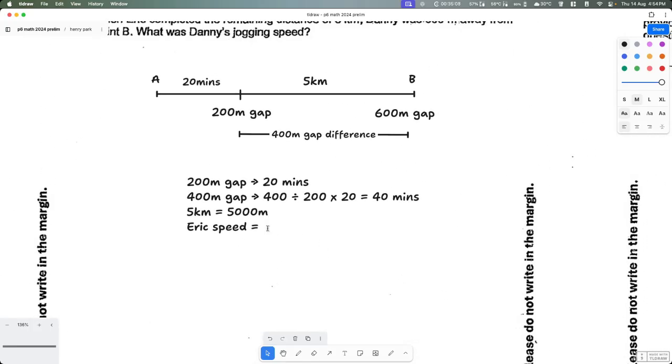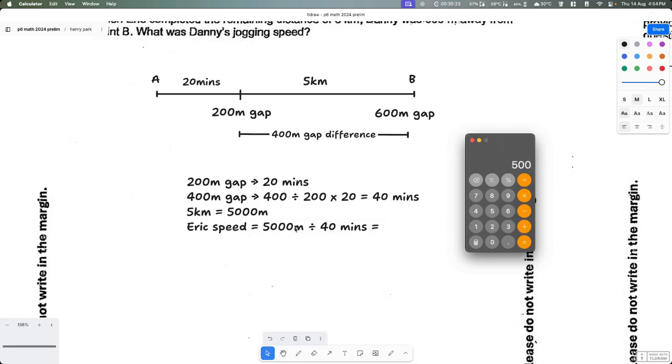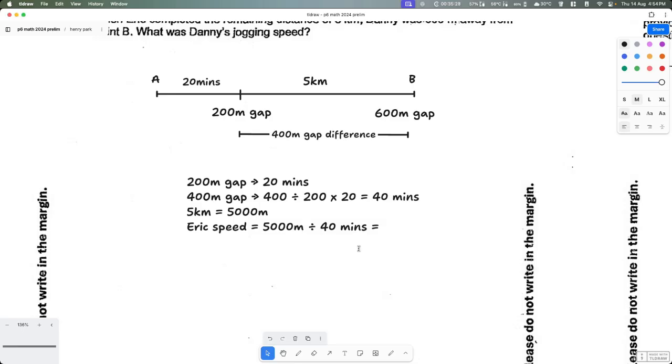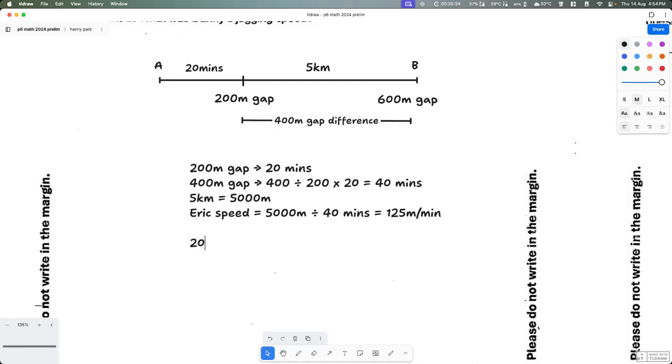So Eric's speed is 5,000 divided by 40 minutes. Let's use the calculator. 5,000 divided by 40 is 125. 125 meters per minute. So in 20 minutes, which is what we want here.